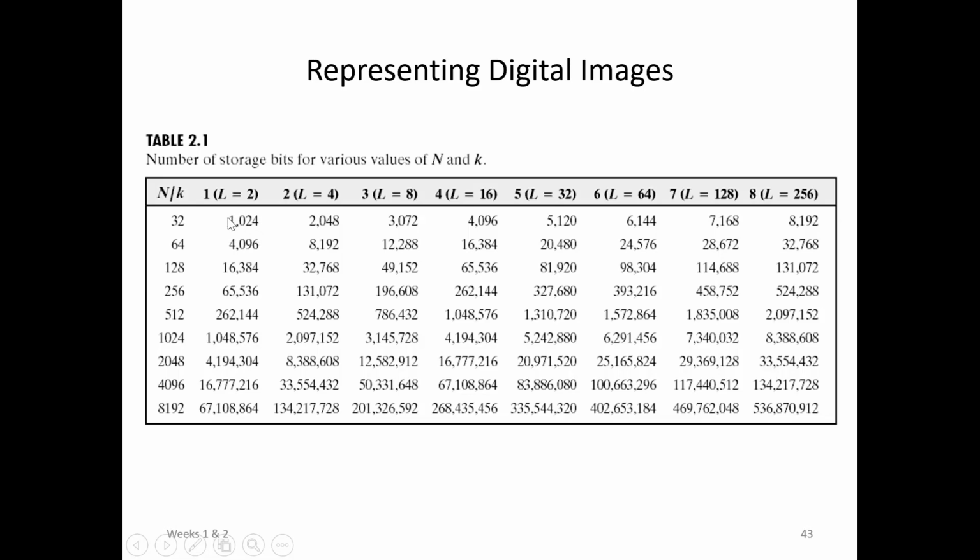You can use your calculator to find the answer. Similarly, if you choose k equal to 2, with n equal to 32 and m equal to 32, you get this output. This is how we can calculate the storage area in terms of bit values.